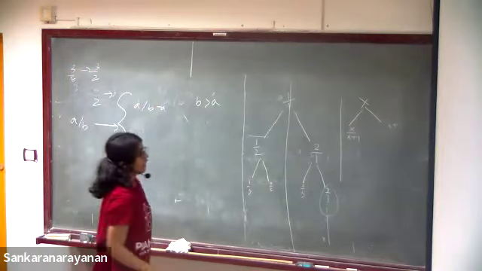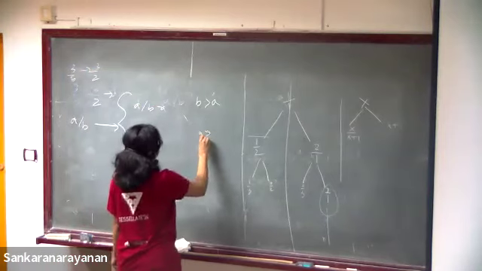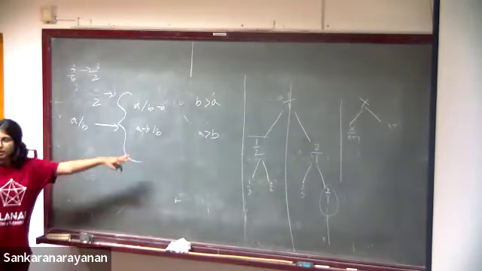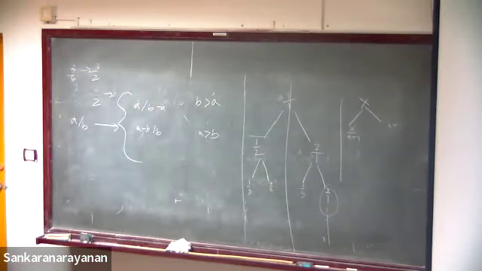And if A is greater than B, then just go to A minus B by B. Do you guys see why? It's not even an algorithm. It is what it is. Do you see why this is happening?